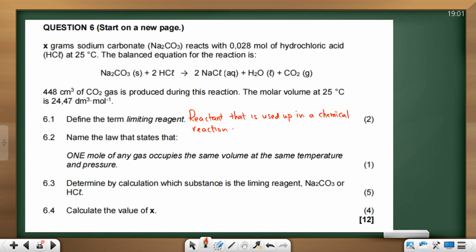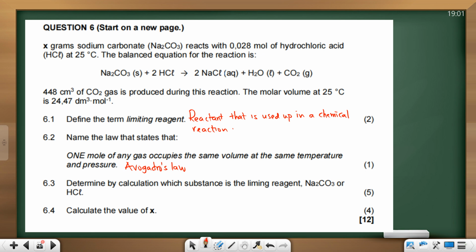Avogadro. That's what we stated. 1 mole of any gas occupies the same volume at the same temperature. They said we should name it, so it is Avogadro. For me, I'm only interested in the stoichiometry now. Determine by calculation which substance is there.